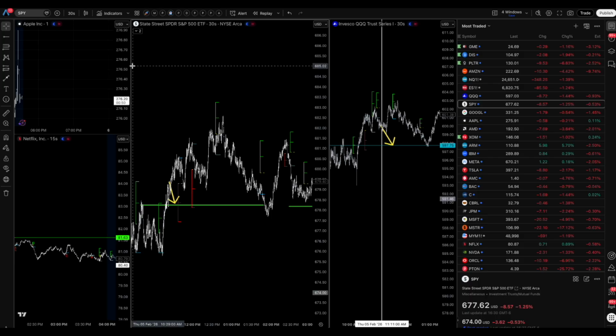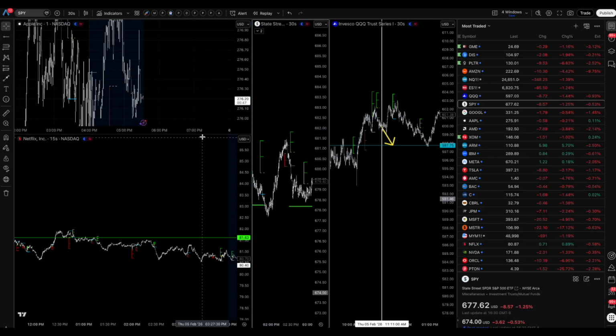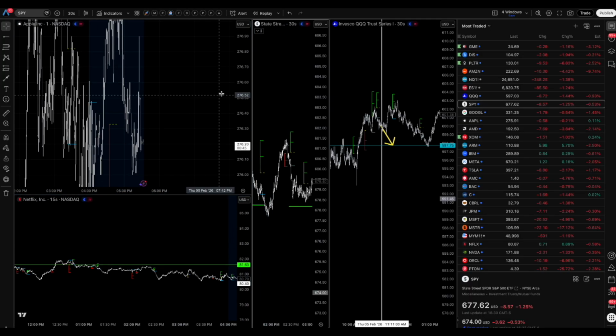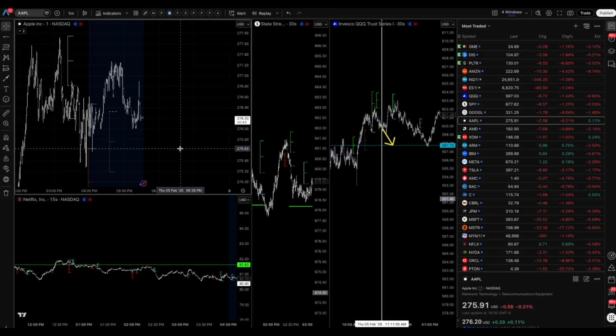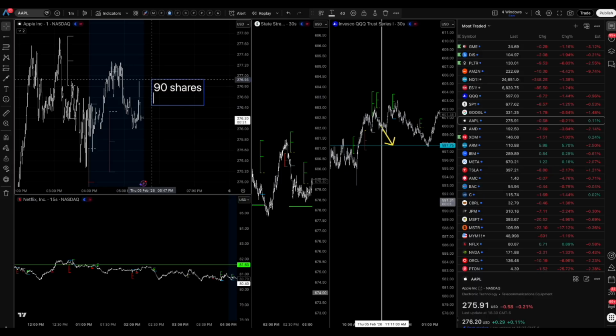Apple is about half the price of QQQ. So instead of trading 40 shares, you could trade 80, and that would be your $25,000. Basically, 25,000 divided by 276 would be 90 shares. So I could trade 90 shares of Apple for about $25,000, right?